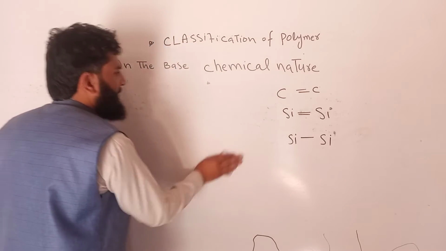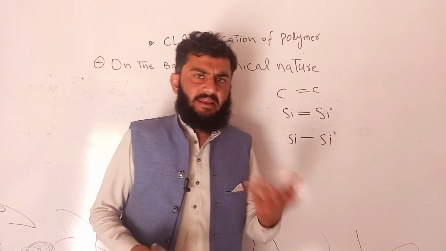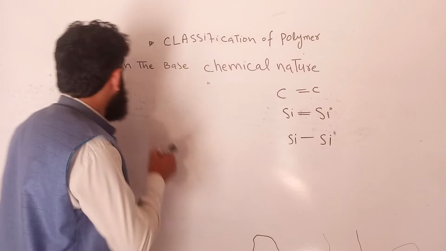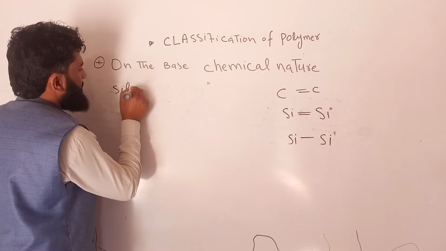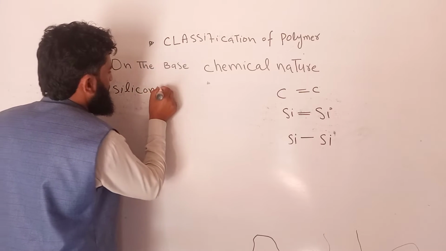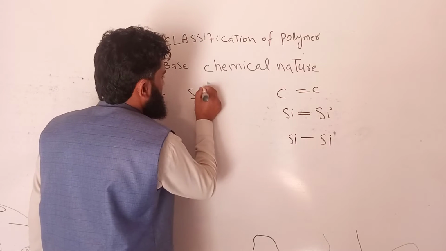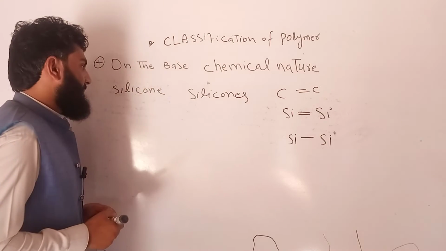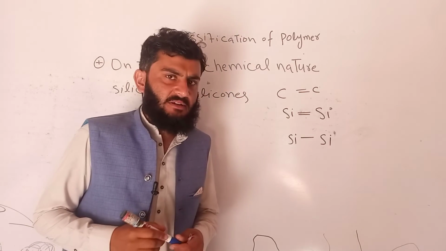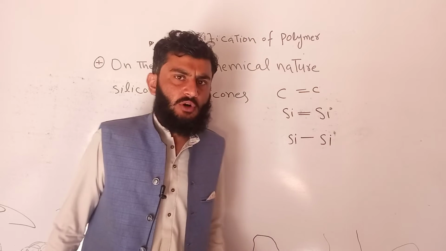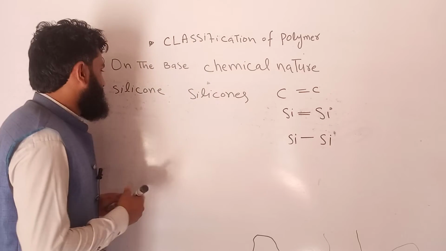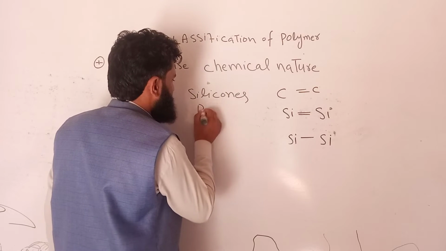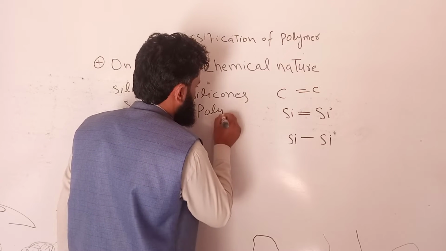Sometimes the interviewer can ask what is the main difference between silicon and silicones. You should know silicon is actually an element, while silicone is actually a polymer.